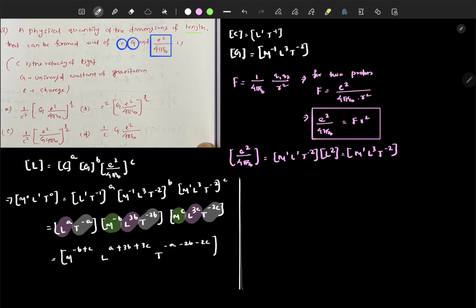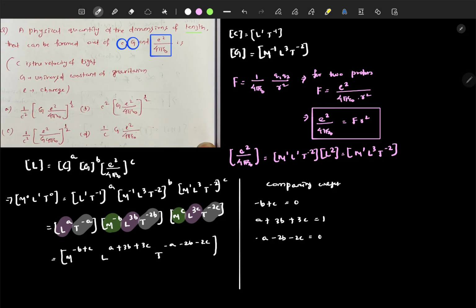So comparing, we get minus B plus C is equal to 0. Then A plus 3B plus 3C, that value is 1, and minus A minus 2B minus 2C is equal to 0.